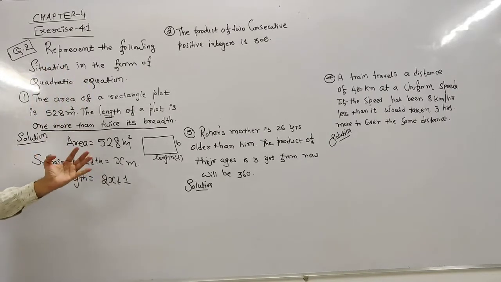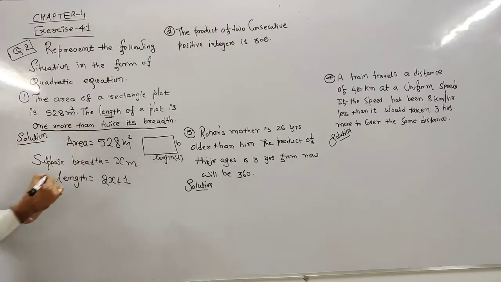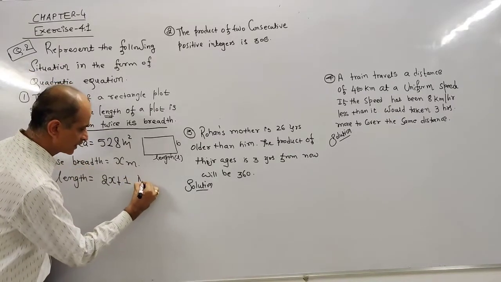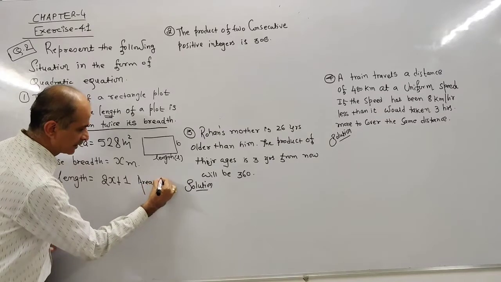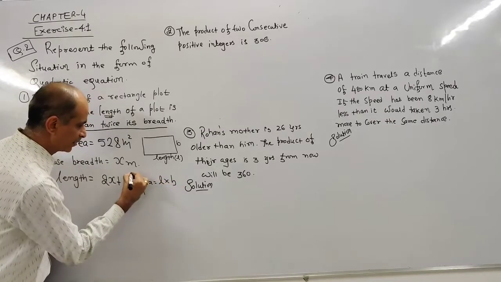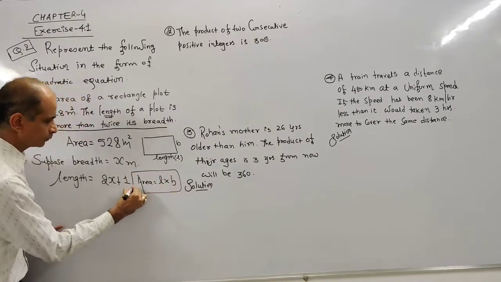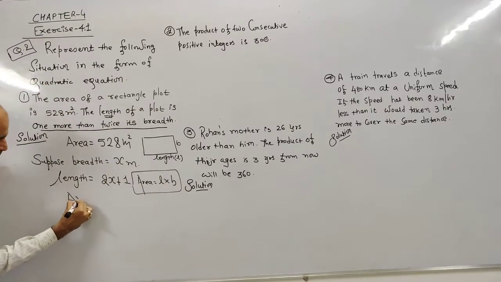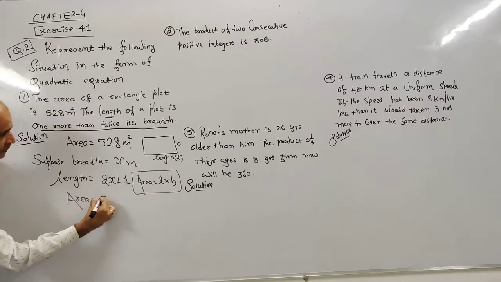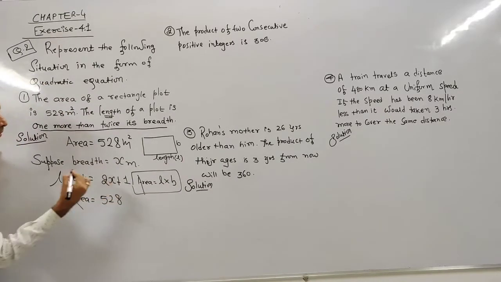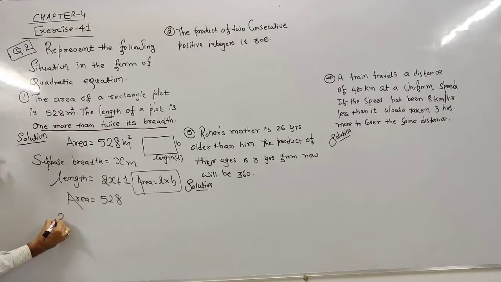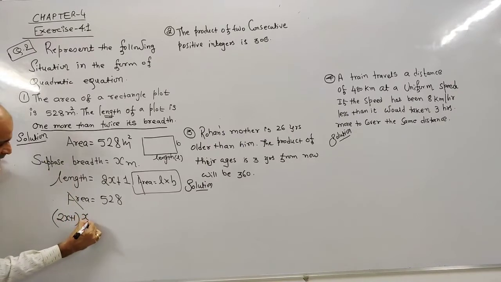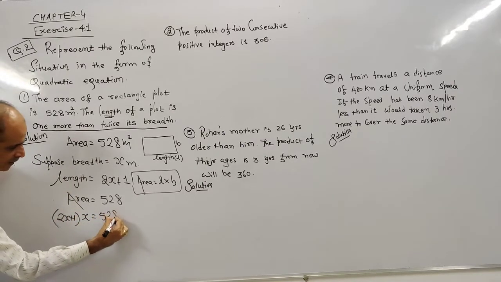Now you should know the area of a rectangle. We have already studied that area of a rectangle is equal to length into breadth. So here, area is equal to 528, length means 2x plus 1 into breadth means x is equal to 528.